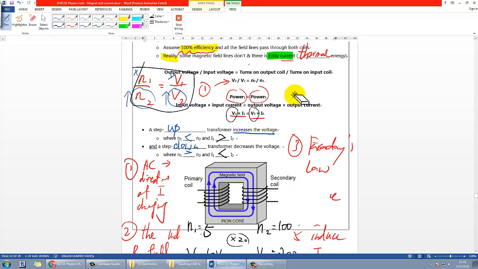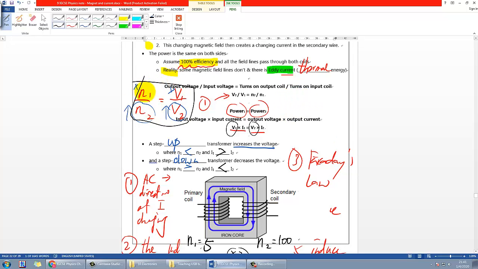Some people may like to see or use another equation. So other than the equation here, I will try to write again, that is n1 over n2 equals v1 over v2. And by the way, you are not able to prove this equation in IGCSE yet.